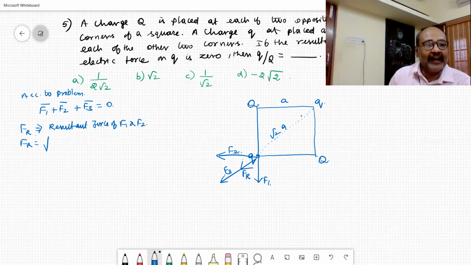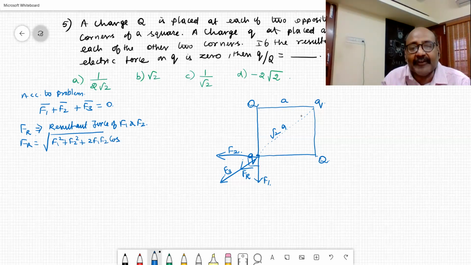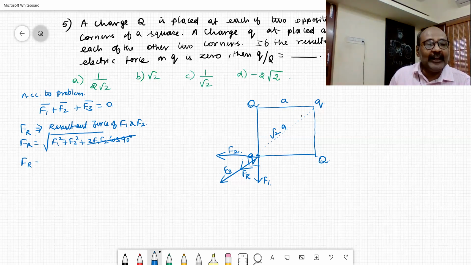Fr will be equal to the root of F1 square plus F2 square plus 2 F1 F2 into cos of the angle between F1 and F2, which is 90 degrees. So cos 90 becomes 0, and the third term becomes 0. So what is the value of Fr?